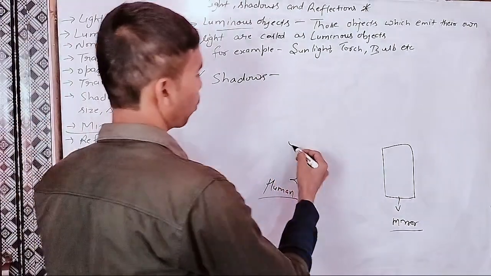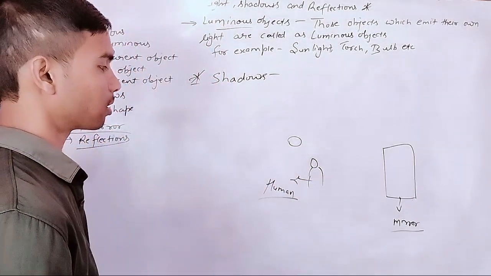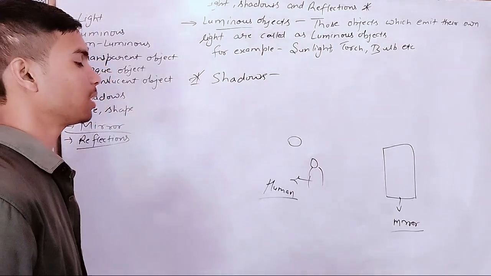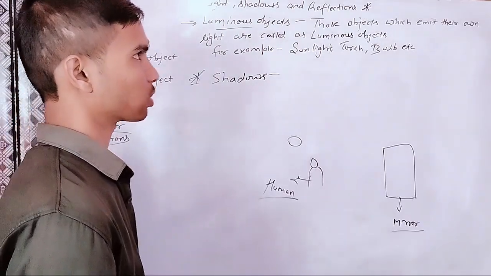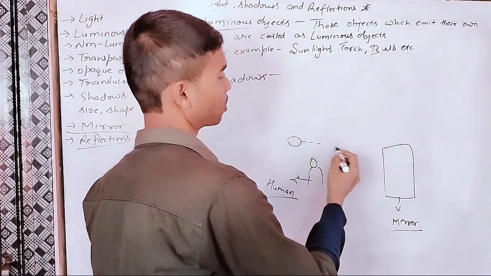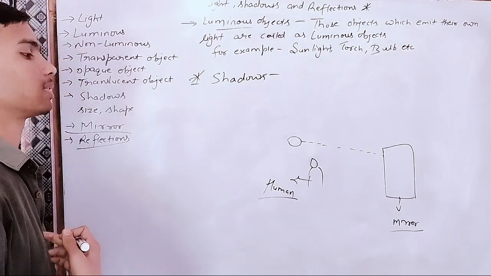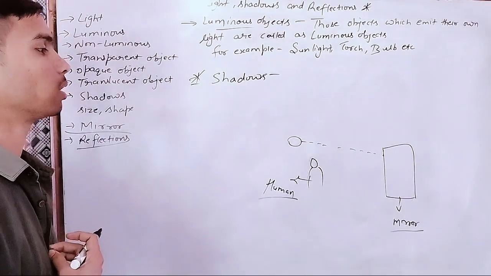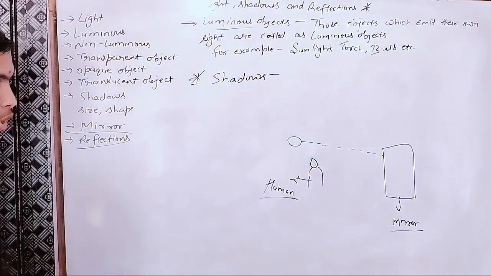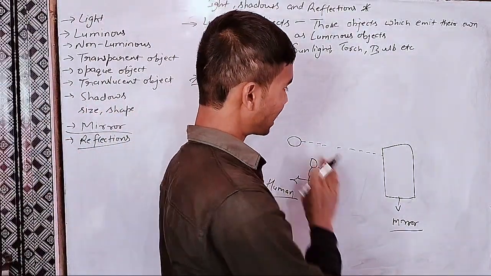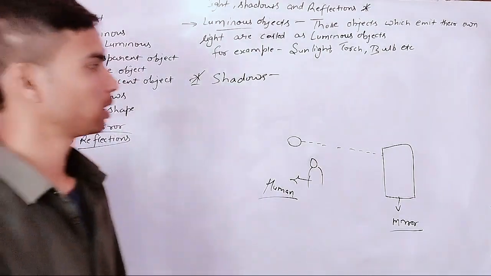Now, if we want to see our image inside the mirror, there should be a source of light. Then it will be possible to see our image inside the mirror when light comes from the source. Now, this light is falling on the surface of a plane mirror.